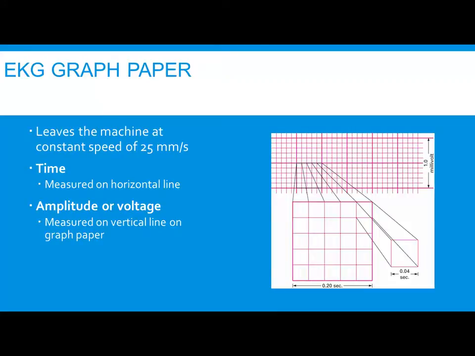Inside of that box, you will see thick pink lines that make up 1, 2, 3, 4, 5 boxes. All right. Each one of those boxes is going to equal 0.20 of a second. Each of the small, tiny boxes is going to equal 0.04 of a second.